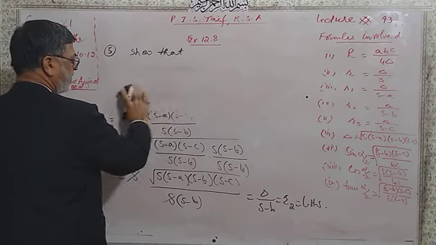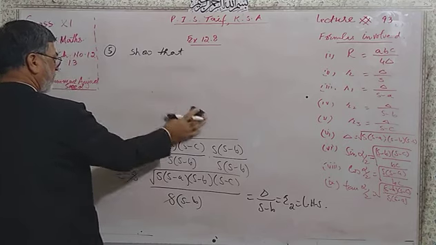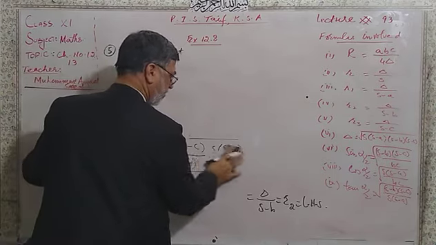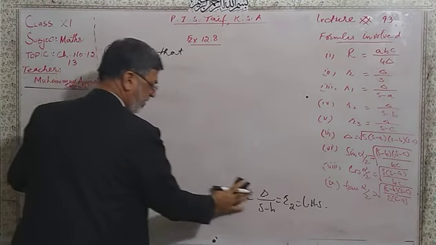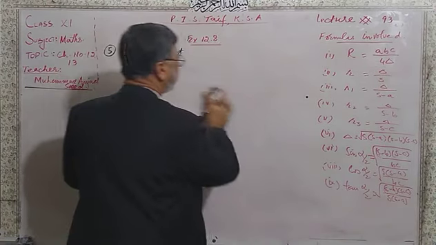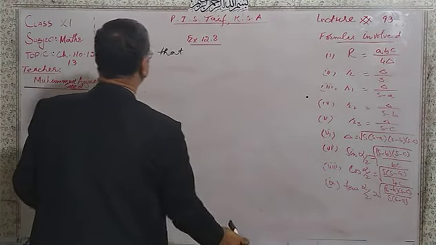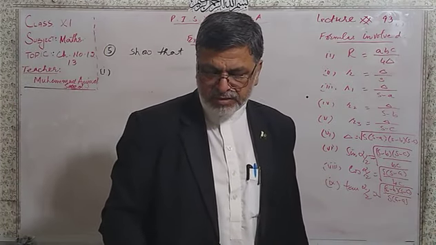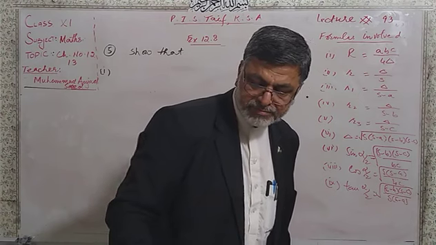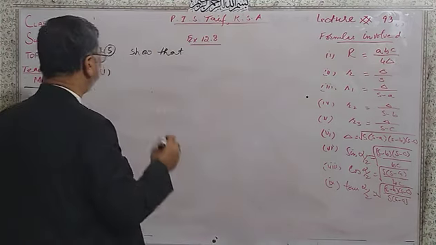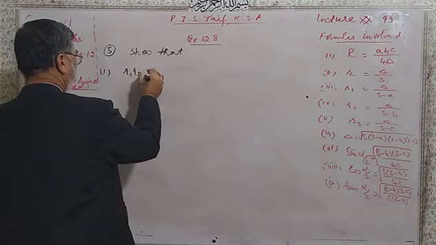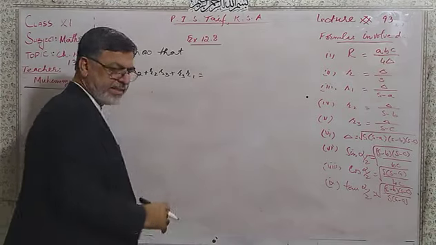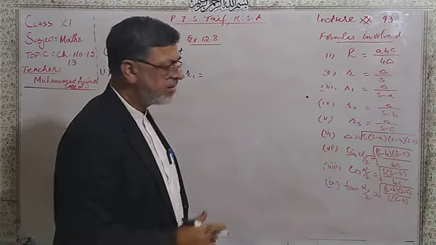We have to prove that, part number 1, R1 R2 plus R2 R3 plus R3 R1 is equal to S square.